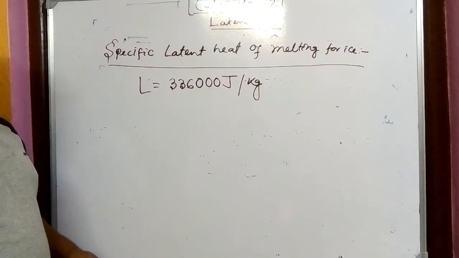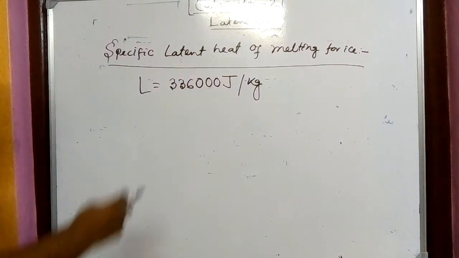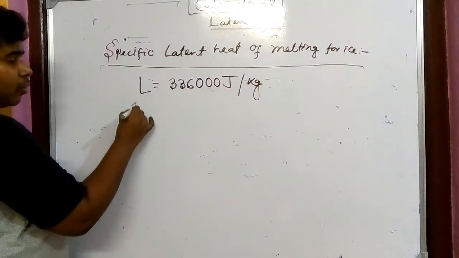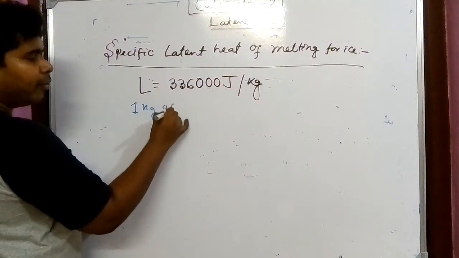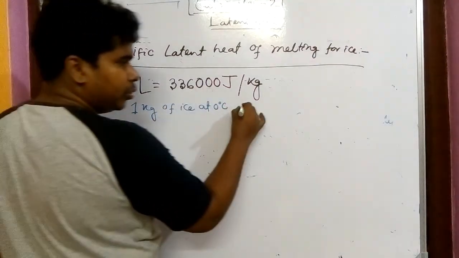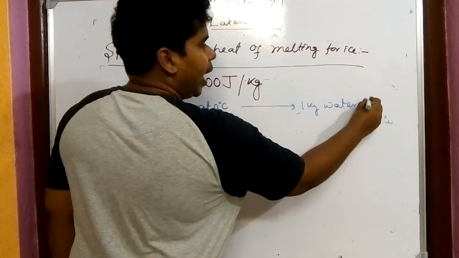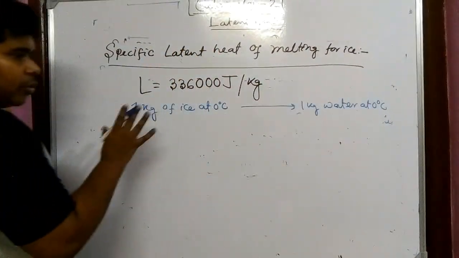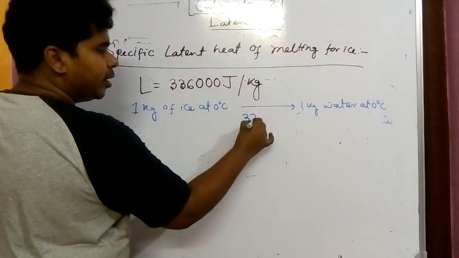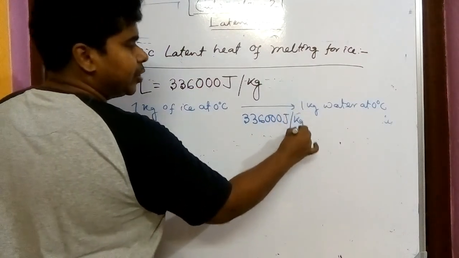What is L? L is the specific latent heat of melting for ice, that is 336,000 joule per kg. That means to convert 1 kg of ice at 0 degree centigrade to 1 kg of water at 0 degree centigrade, the heat energy needed is 336,000 joule per kg.